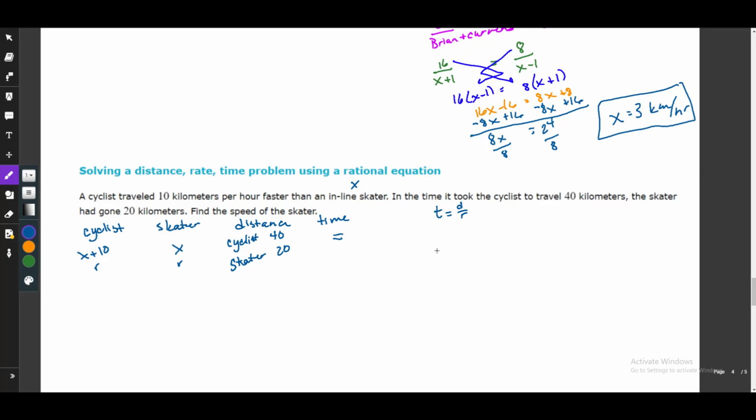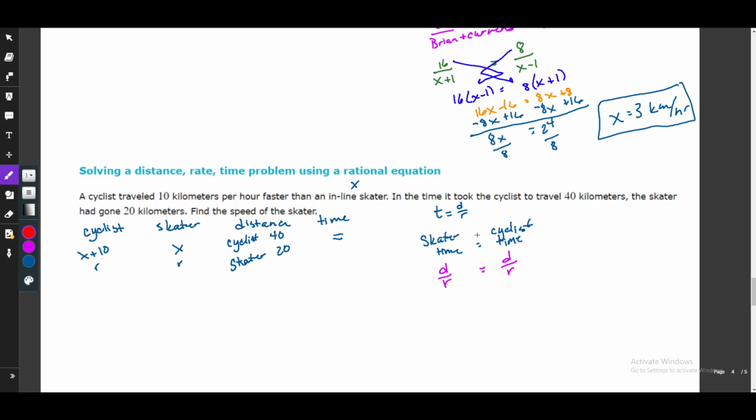So I know the skater time equals cyclist time, and then putting stuff into the equation. So I've got the distance over rate equals distance over rate for the different cases.